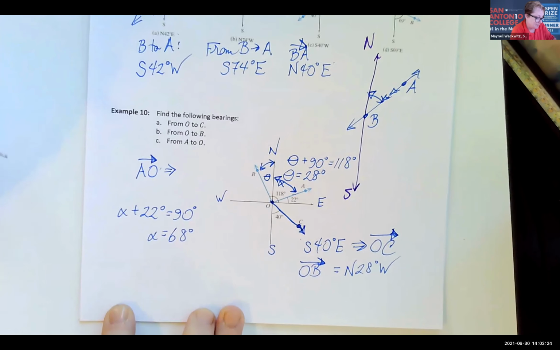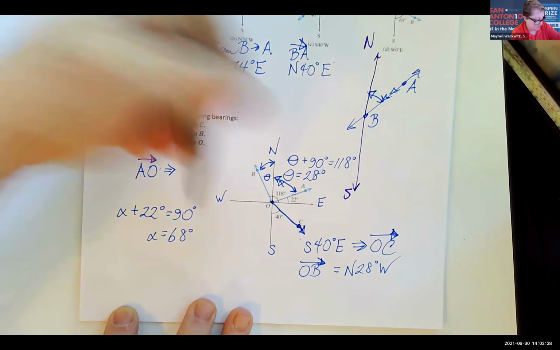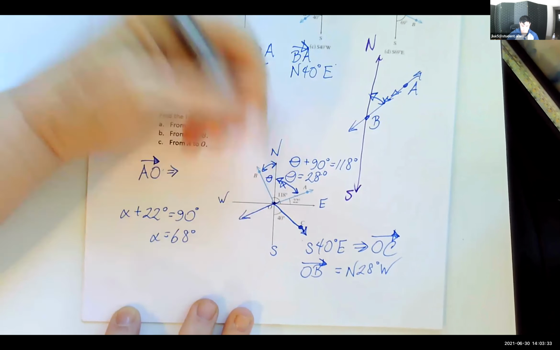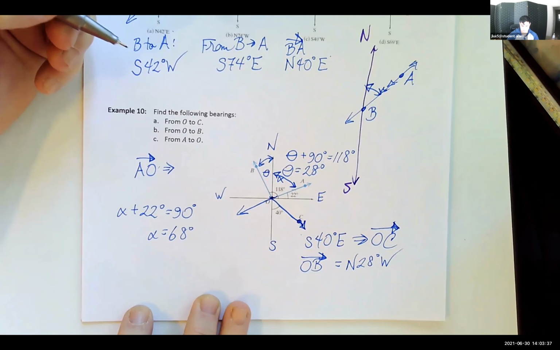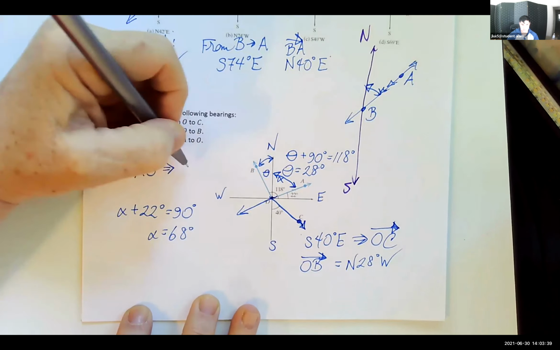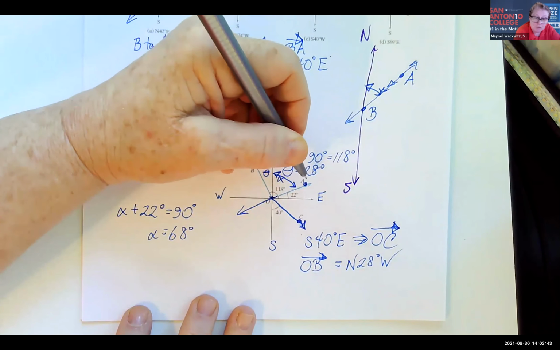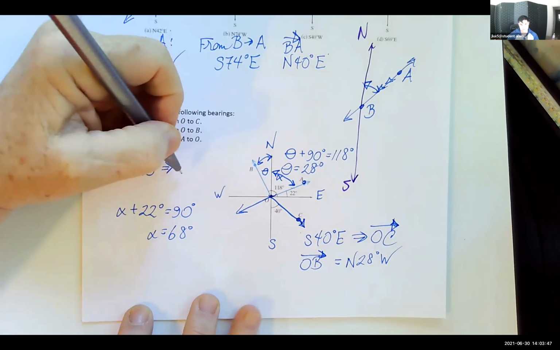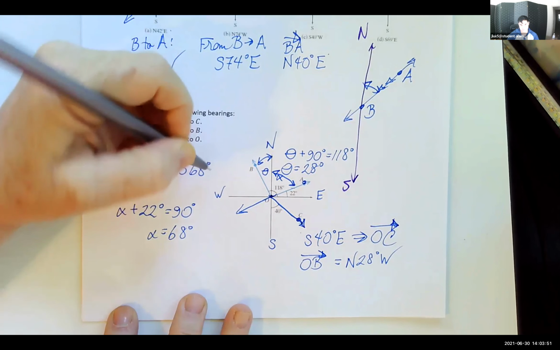And so OA will have bearing. So it's from A to O. Since it's AO, it'd be north 68 degrees east, right? So we're beginning with A and going toward O. Oh, towards O, so it's south 68 degrees west.